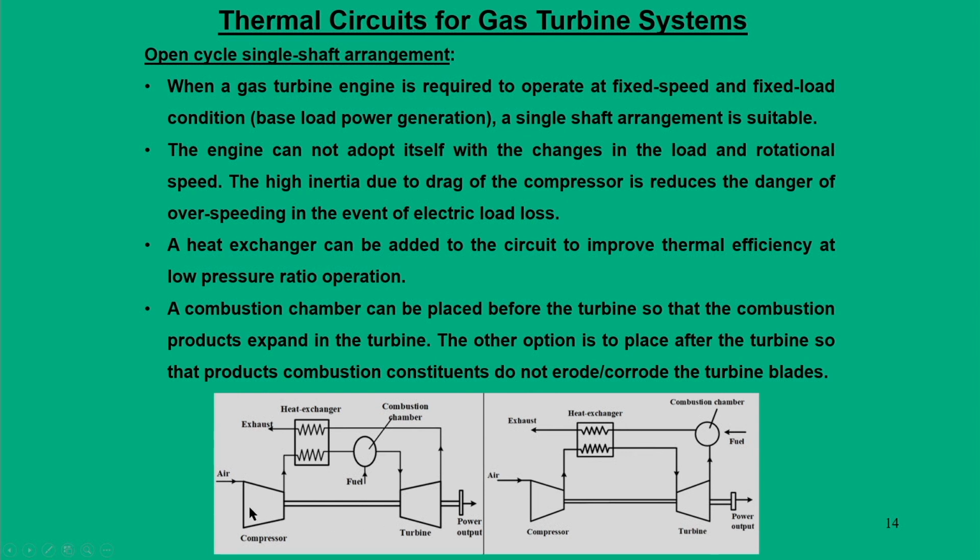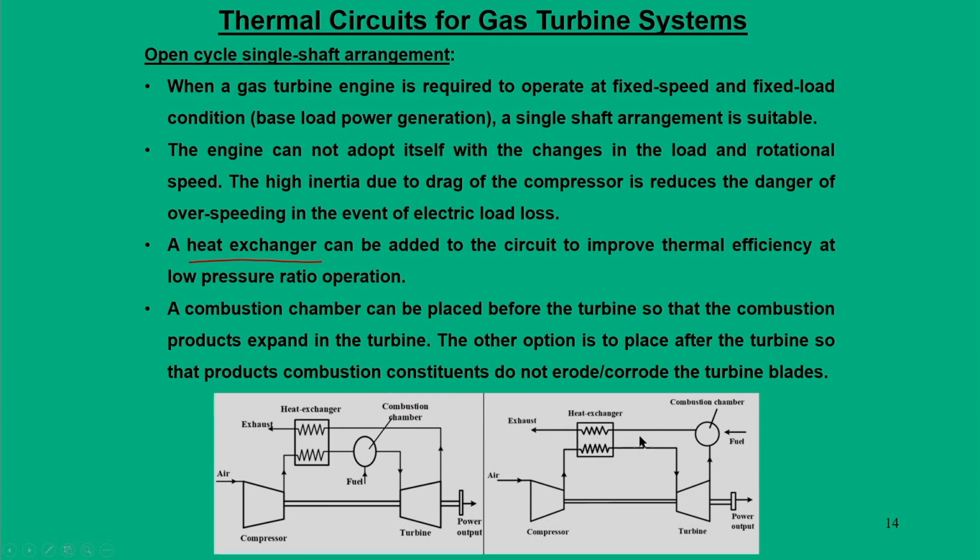Now, apart from this, when you want a single shaft, there is a requirement of a heat exchanger. So, a heat exchanger is a must. We will talk about why it is a must when we deal with the thermal analysis later. So, the circuit must be added to improve the thermal efficiency.